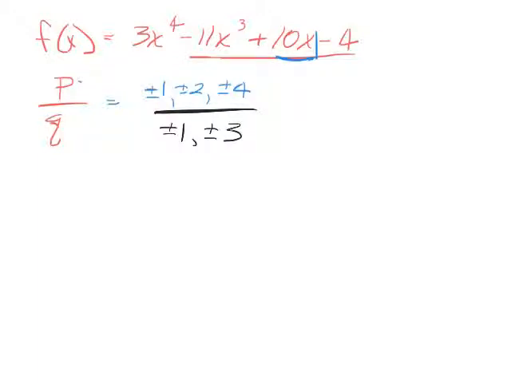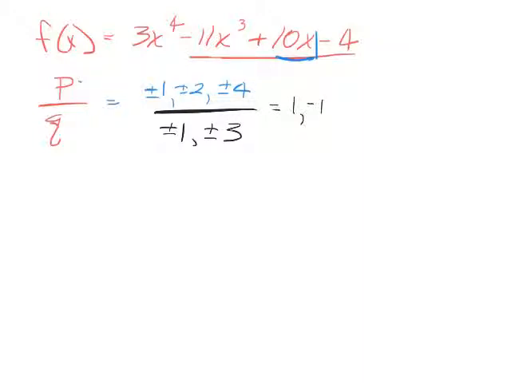Okay. So if I were to put these in reduced form, I would have +1 over +1, which is 1. -1 over -1 is also 1. +1 over -1 is -1, or -1 over +1 is -1.